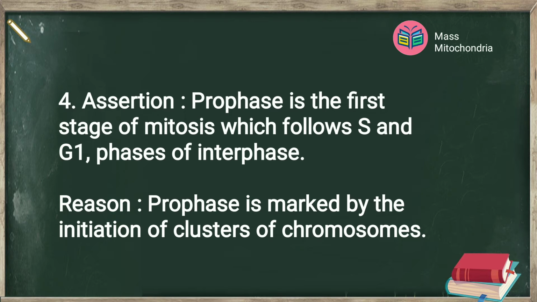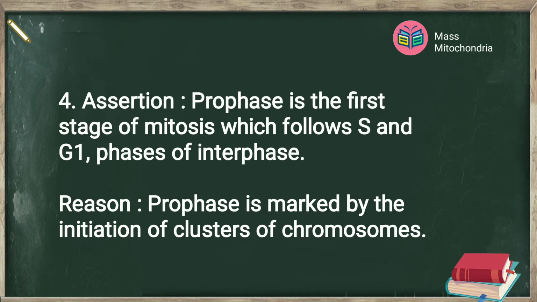Question number 4. Assertion: Prophase is the first stage of mitosis which follows S and G1 phases of interphase. Reason: Prophase is marked by initiation of condensation of chromosomes. Prophase, which is the first stage of mitosis, follows S and G2 phase.